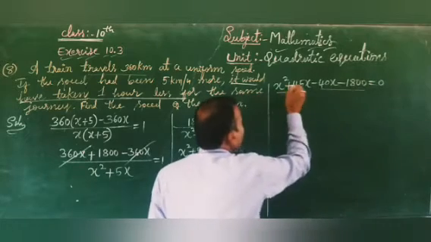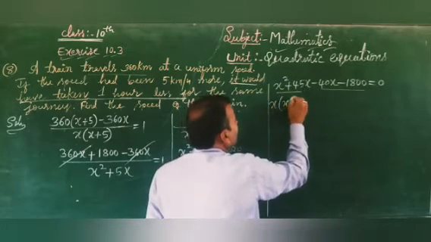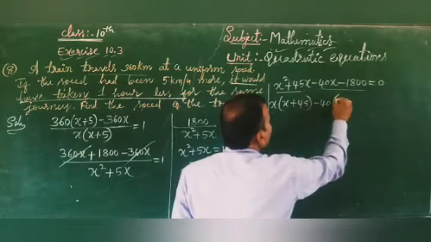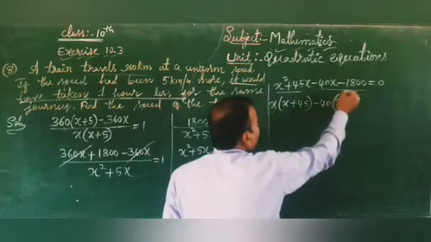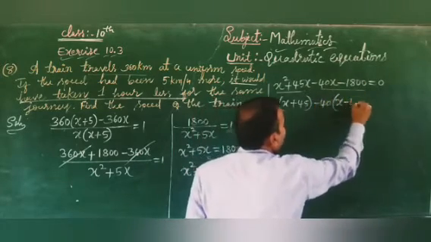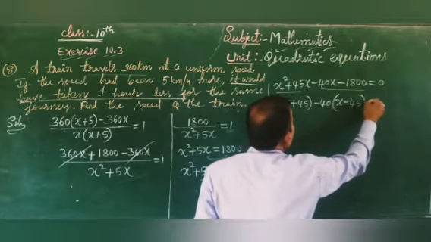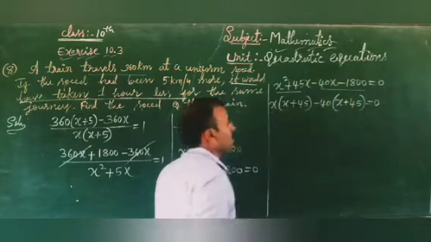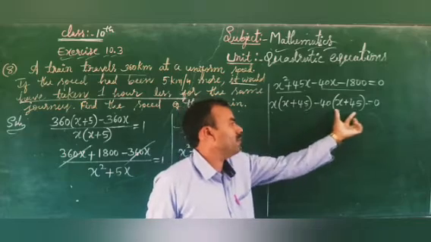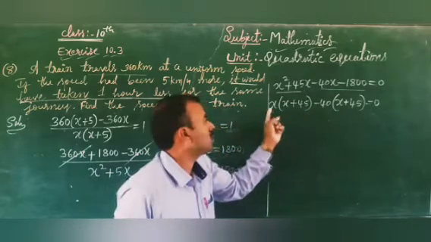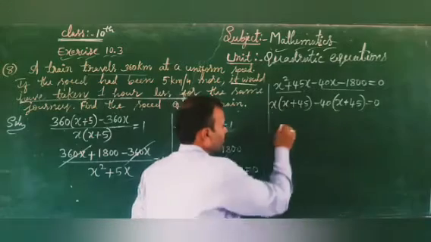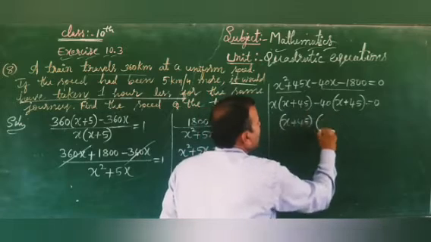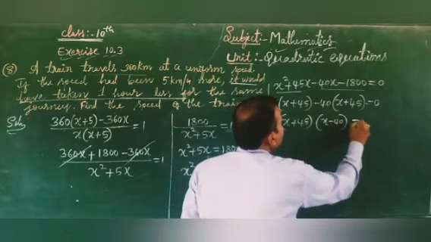Group the terms, take out x as common: x into x plus 45, minus 40 into x, minus 40 into 45 which is 1800, plus 45 equals 0. Here minus into minus is plus. Inside the bracket x plus 45 is common, and outside the bracket x minus 40. Write once: x plus 45 into x minus 40 equals 0.